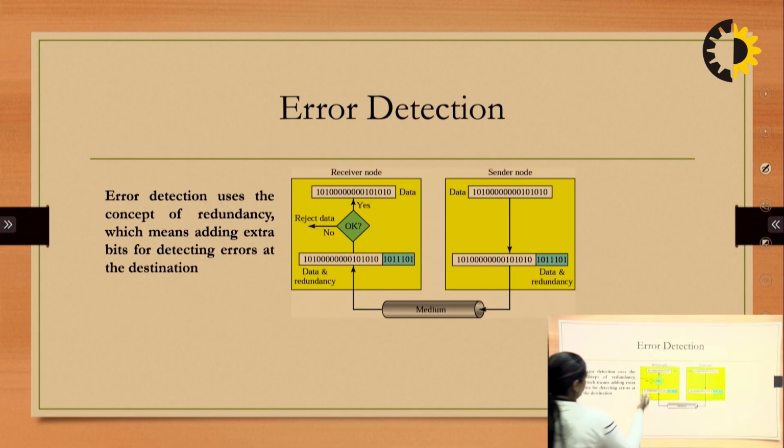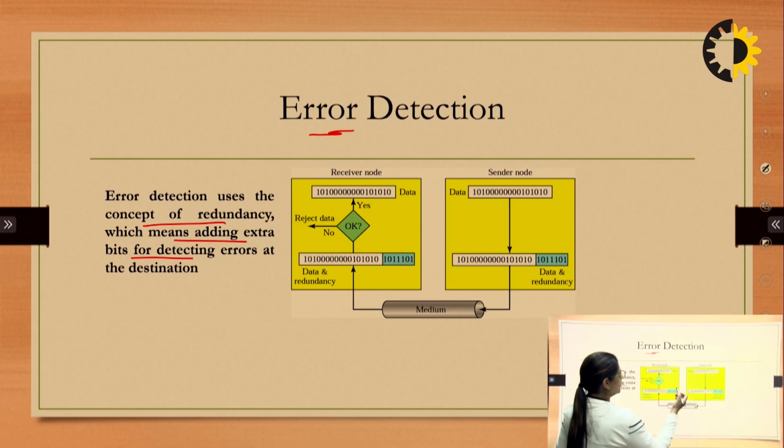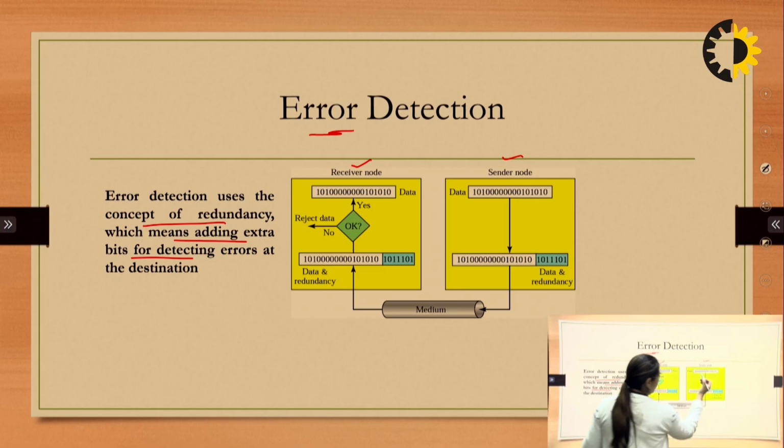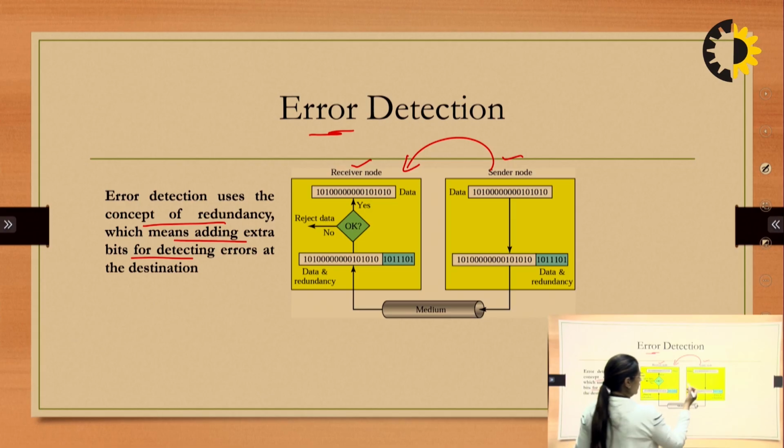Now, error detection uses the concept of redundancy, which means adding extra bits for detecting errors at the destination. When the sender has to send some data to the receiver, the sender will add some extra bits.